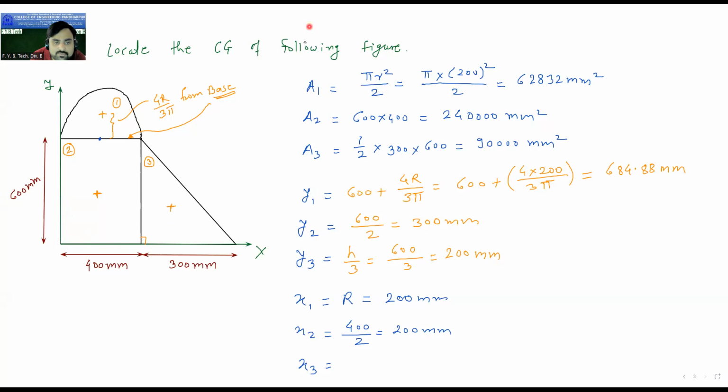So it will be 400 plus b by 3, which is equal to 400 plus your b is 300 by 3. So it is 500.